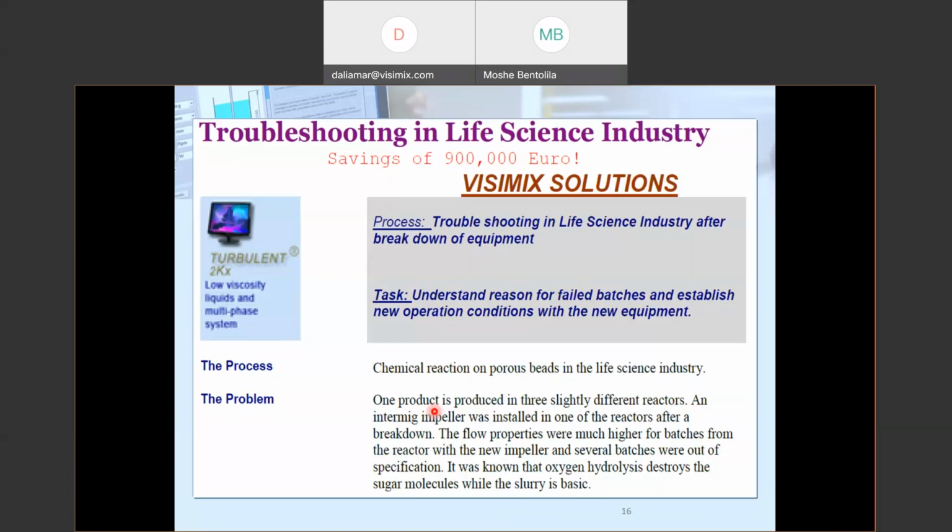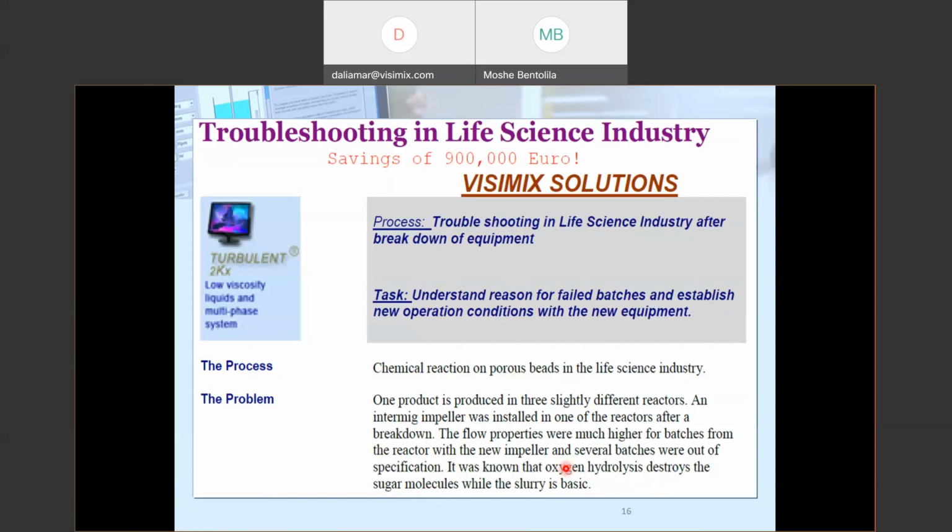We are mixing, it will be okay. But they understood from R&D that the oxygen was destroying one of the materials they have there. And this was beads, solids, moving in the tank. So better homogeneity would be good because we are distributing the process in the tank.